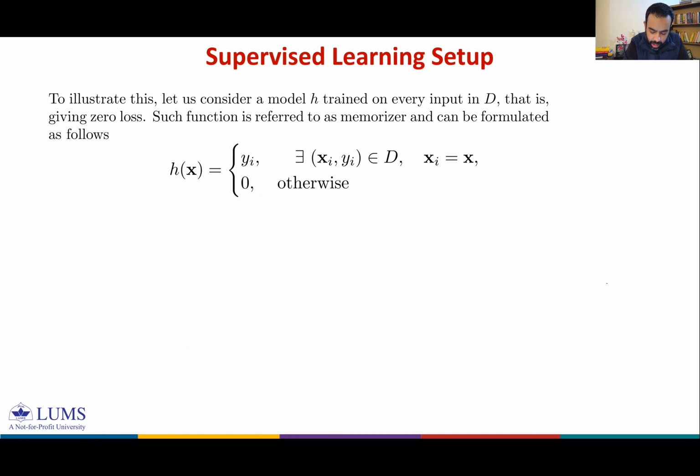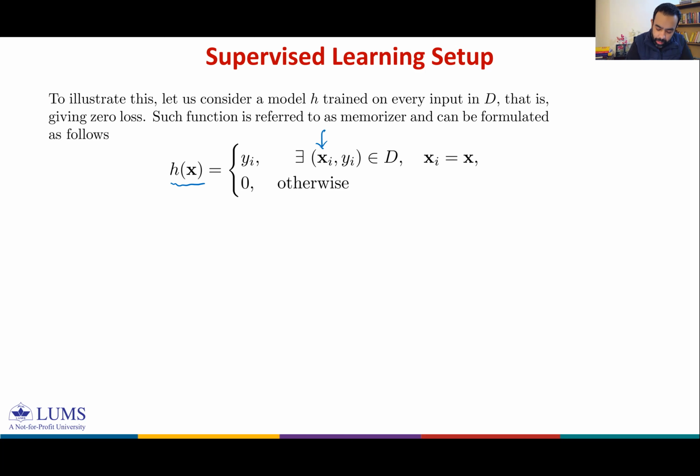So let us consider a model H, which is trained on every input in D. So, okay, we have a hypothesis function जिसके पास सारी इनपुट्स का लुकअप टेबल है, राइट? जो भी इनपुट हम उसको एक्सेस देते हैं, वो देखते हैं कॉरेस्पॉन्डिंग एक्चुअल आउटपुट क्या थी, वो आपको वही लेबल रिटर्न कर देता है. अगर मैं इस हाइपोथेसिस फंक्शन के लिए 0-1 लॉस निकालूं तो क्या आएगा? 0 आएगा, क्योंकि कोई मिस्टेक्स नहीं है, राइट? Every time it is giving the correct output, right?